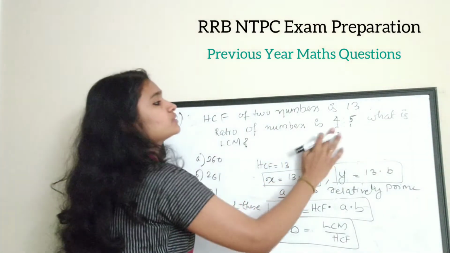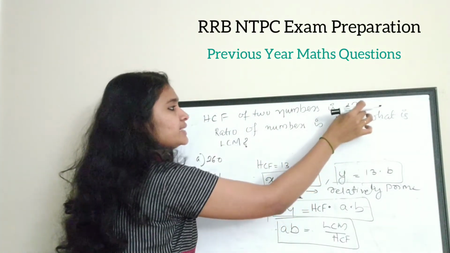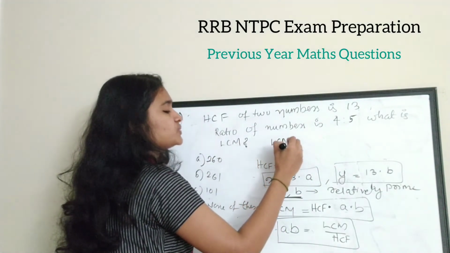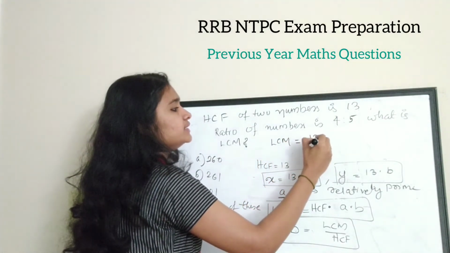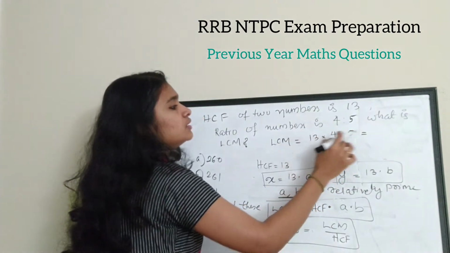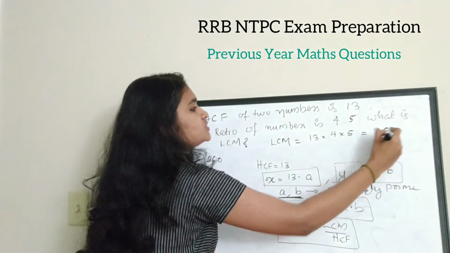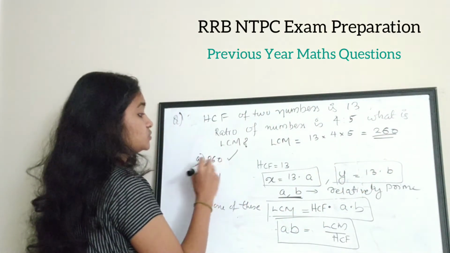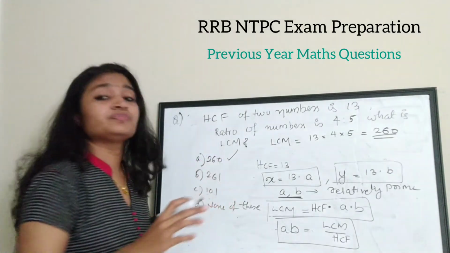So A and B are given to you, HCF is given to you, and you can find LCM. So LCM equal to 13 into 4 into 5, which is equal to 260 is your answer. So the correct answer for this question is 260, which is your option A.